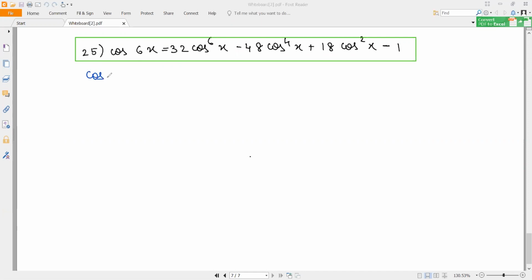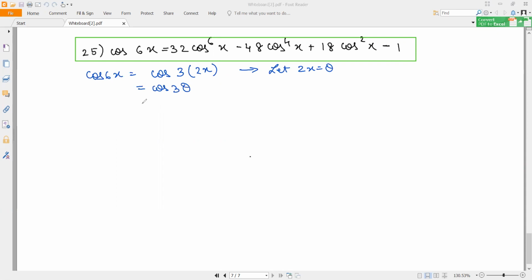Your cos 6x is equals to cos 2 times 3x, or you can write 3 times 2x. So either you can apply double angle formula or you can apply triple angle formula. Let's apply triple angle formula first. So triple angle formula would be 3 times 2x. And here we are considering that 2x is equals to theta. So this can be written as cos 3 theta.